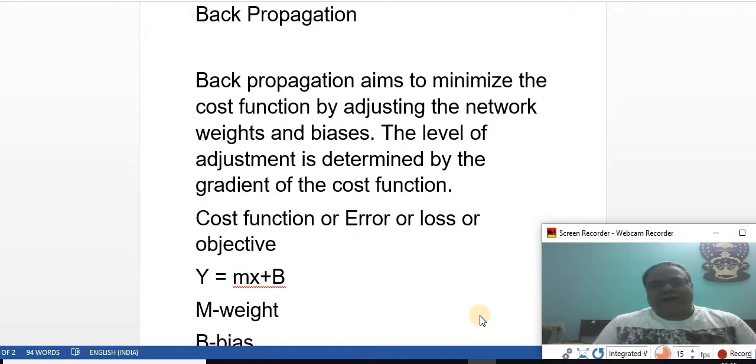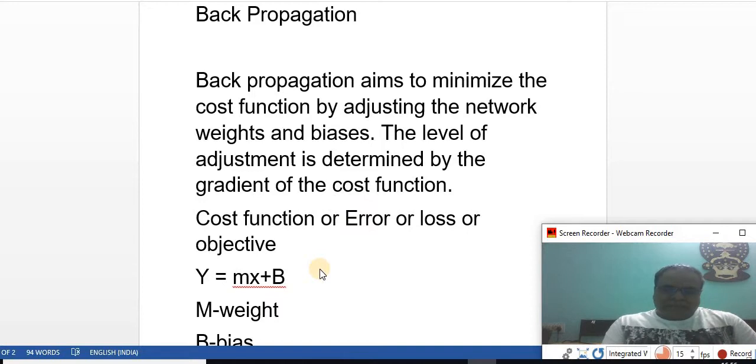Error means the predicted value minus the expected value. We use the machine learning model for prediction, and the predicted value minus expected value is the error, and the cost function denotes the error.